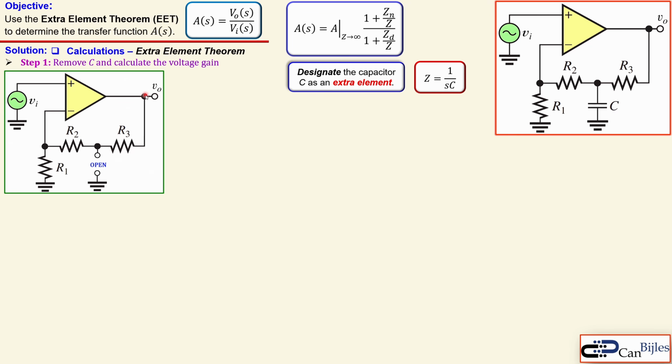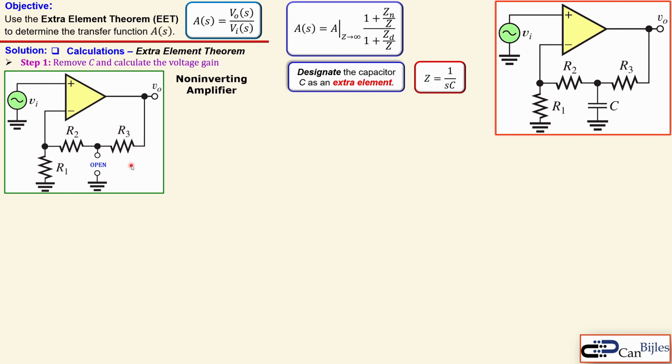Now if you look at this, this is now a feedback having a series combination of R2 and R3. And the R1 is here coming from the inverting node to ground. And this is actually the non-inverting amplifier configuration we know from op-amp circuits.